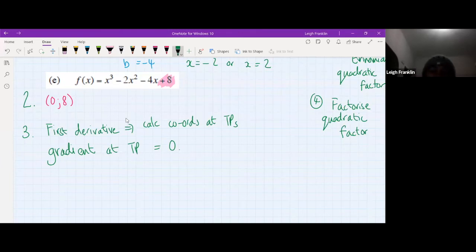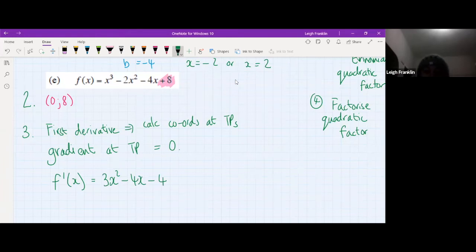Yes, so we have to take the first derivative. Quite right, Elam, quite right, Atlacham. We have to take the first derivative, yes. So we are going to say f prime x. And now we're going to derive f of x. So that is going to give us, hopefully everybody's thinking the same thing, 3x squared minus 4x minus 4 in this case.